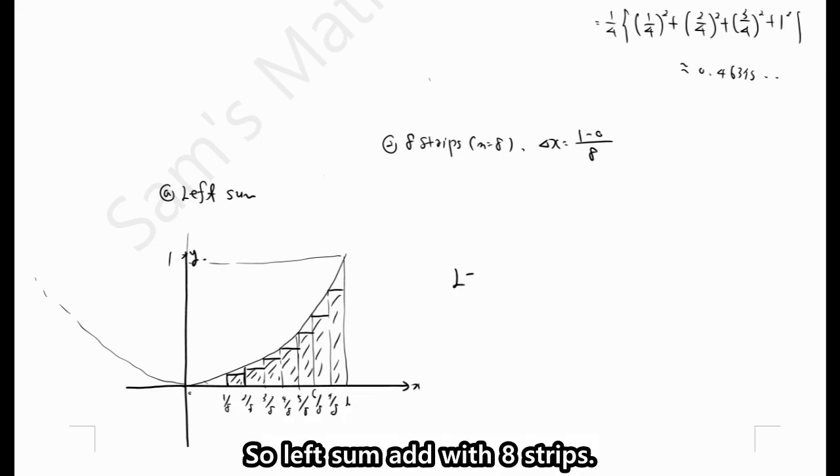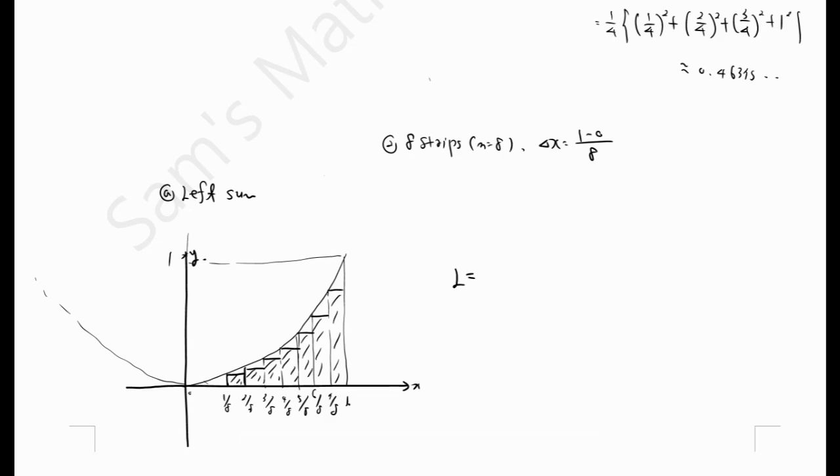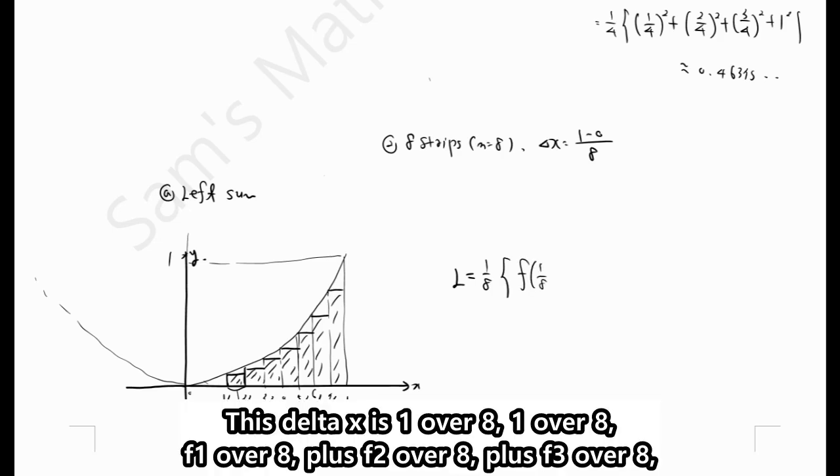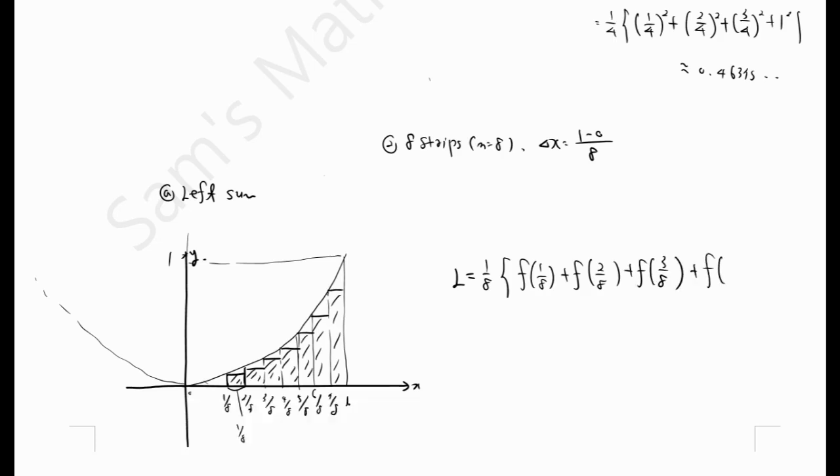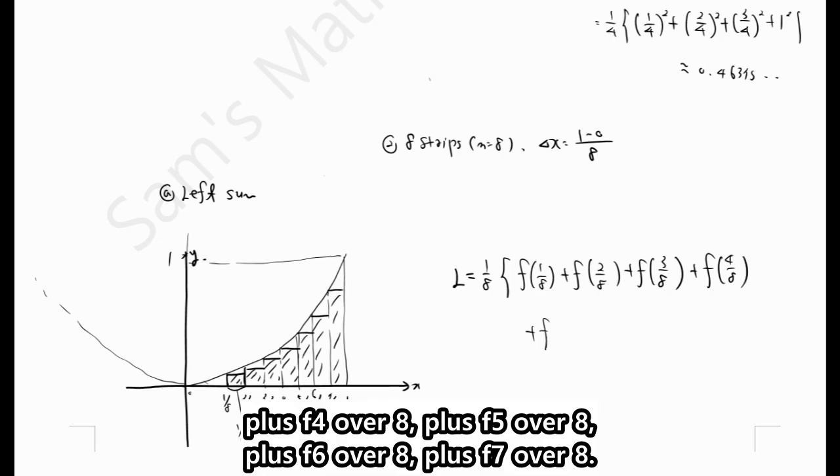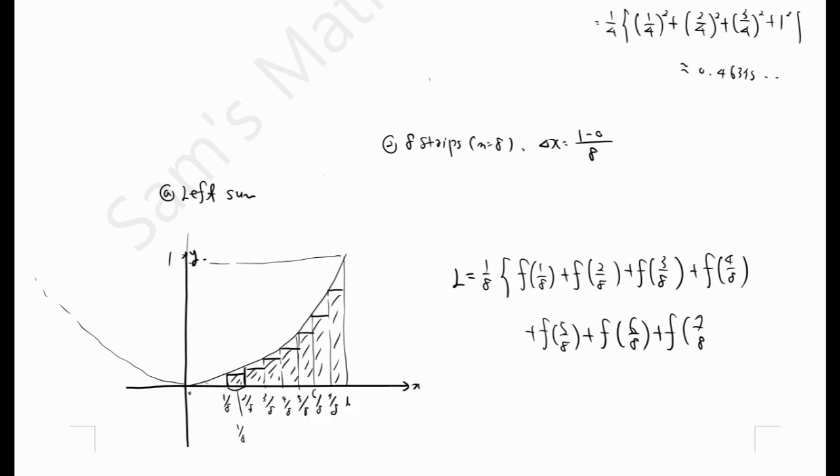So the left sum with 8 strips has delta x equal to 1 over 8. It is 1 over 8 times f(1/8) plus f(2/8) plus f(3/8) plus f(4/8) plus f(5/8) plus f(6/8) plus f(7/8).